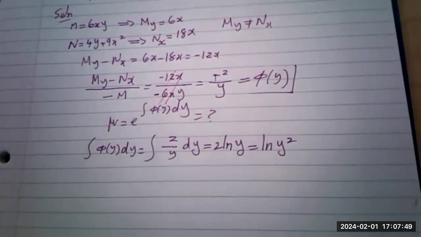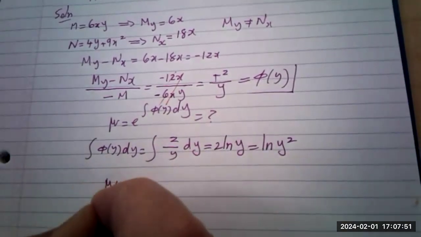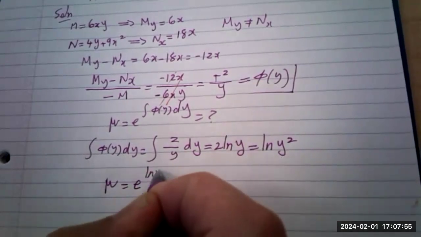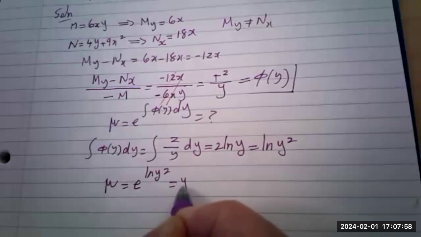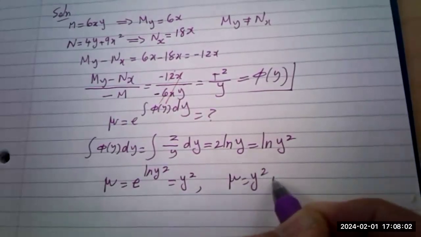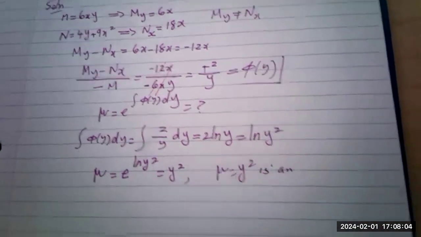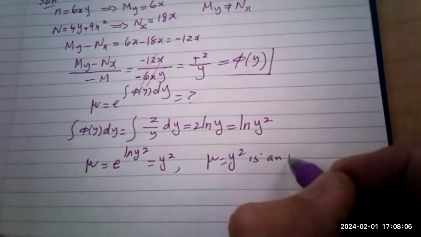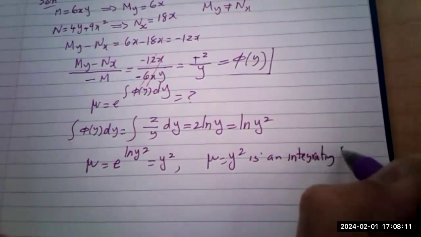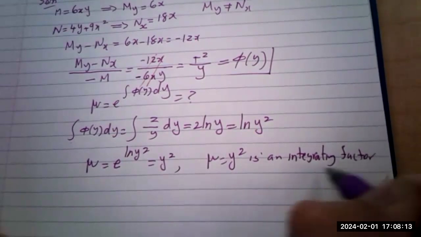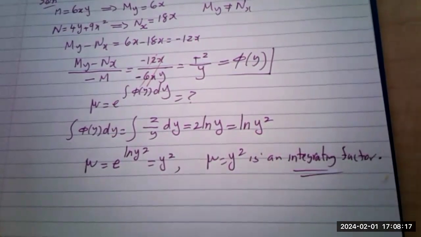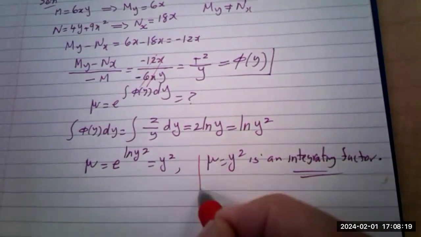Now find the mu. So mu would be e to the ln of y squared, which is equal to y squared. So mu equal to y squared is an integrating factor. Okay, any question?